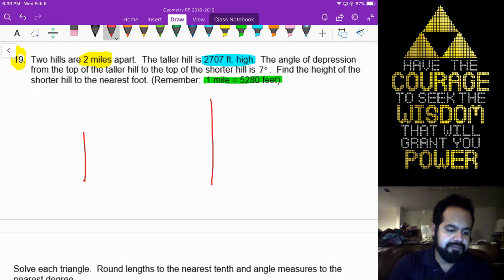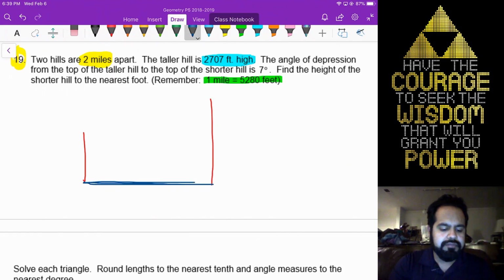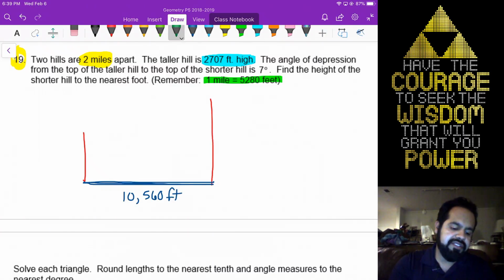The distance between them is 2 miles, so 5,280 times 2 is 10,560 feet.